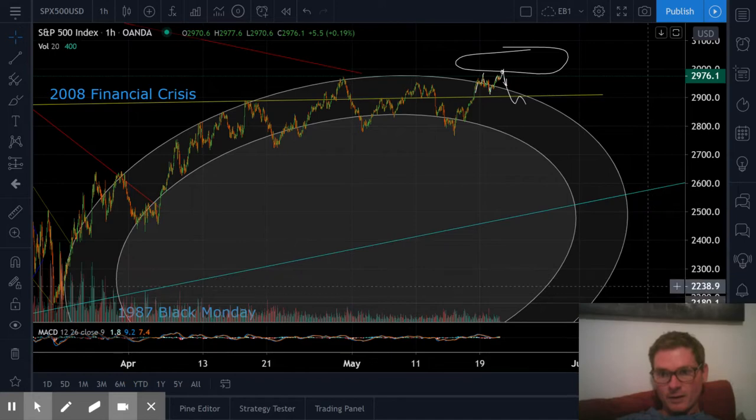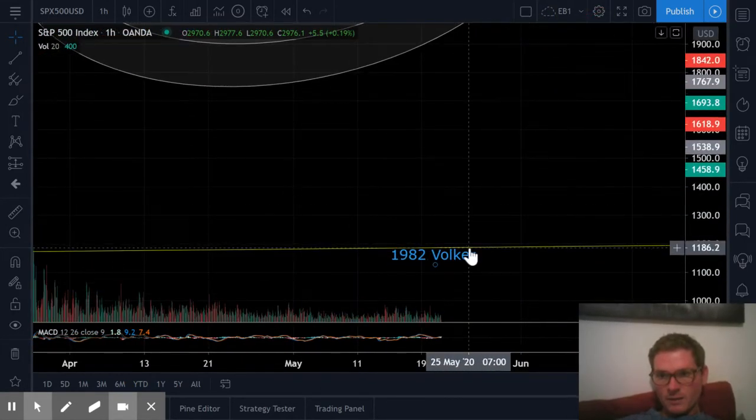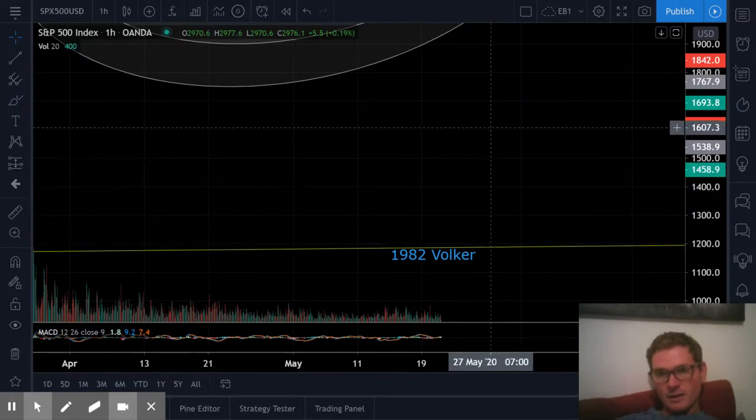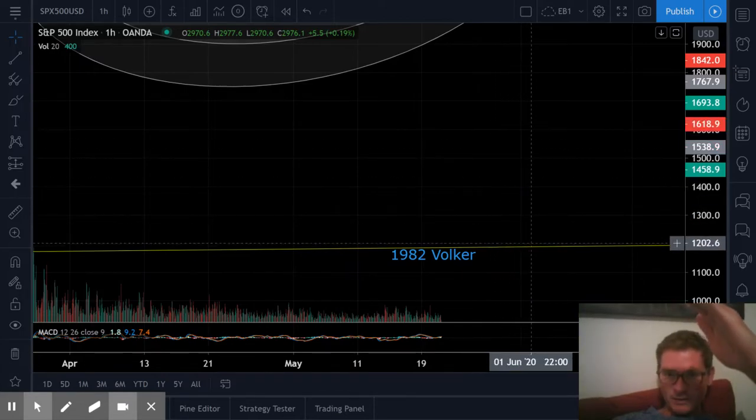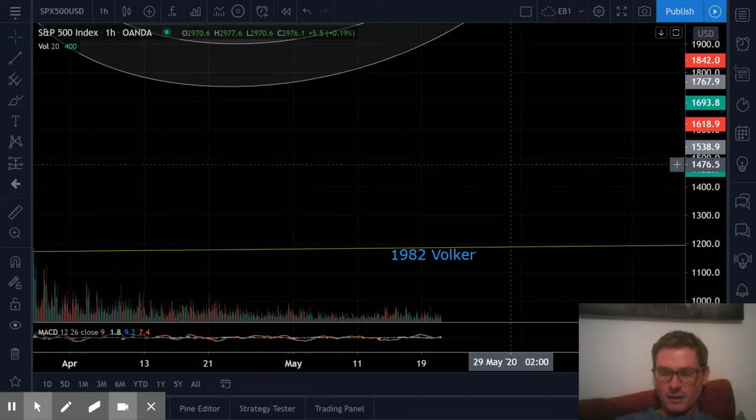And then we have another line way down here around like 1200-ish, and that is the floor basically of the everything bubble, which starts in 1982. And the long term bull market line for the entire everything bubble is like 40 years long, and this is it, and we're way up above it right now.